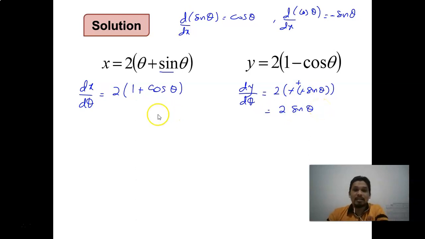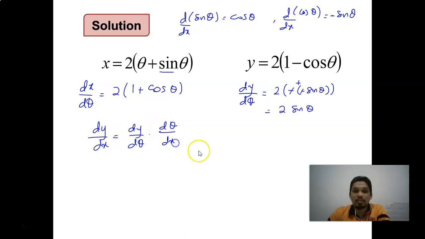Okay. Now we have dx/d theta and dy/d theta. Then we can find dy/dx. dy/dx equals dy/d theta multiplied by d theta/dx.